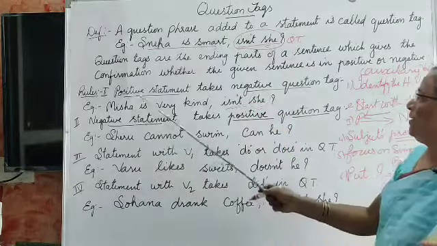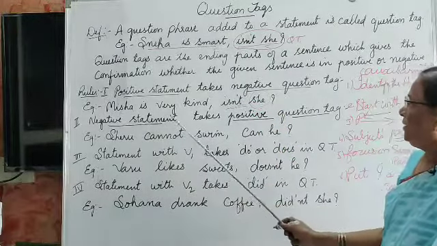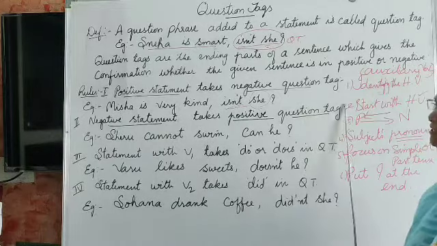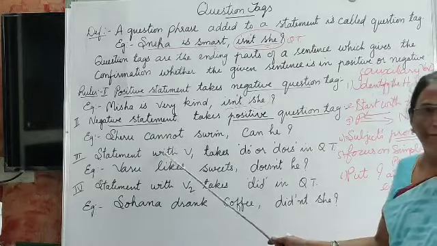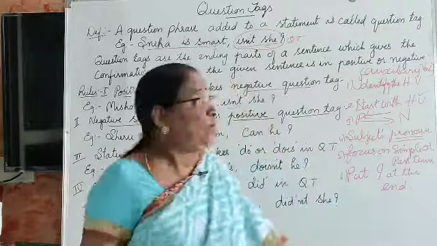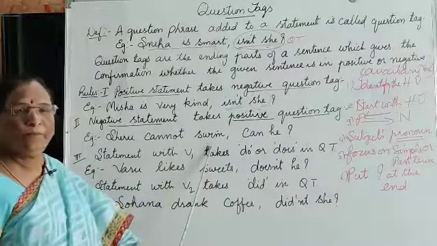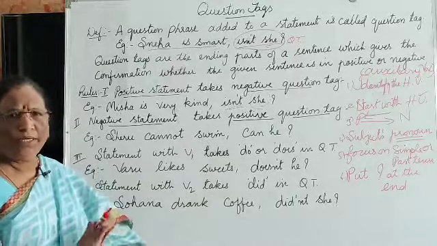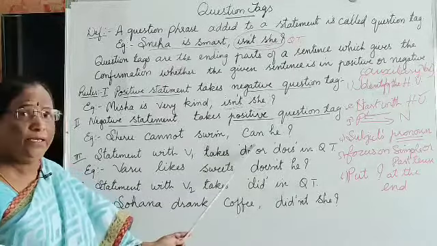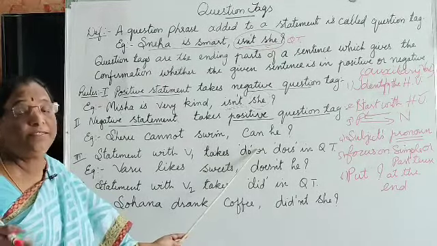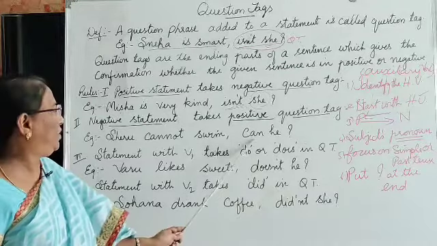Next is, a negative statement takes a positive question tag. See, Sheru cannot swim. This is negative. He cannot swim, can he? This is a positive tag.